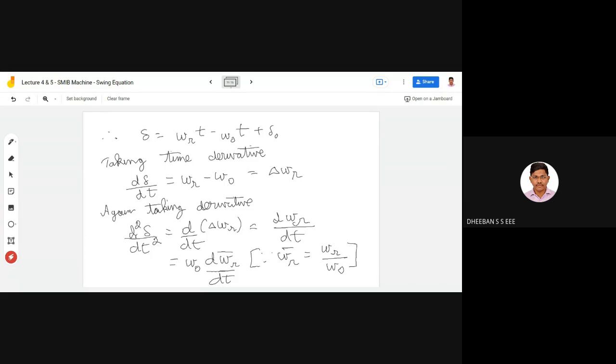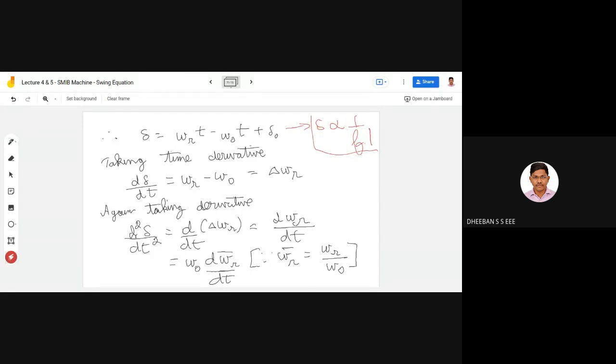You know that this time period t is the reciprocal of your frequency, so it will be 1 by f. And hence your del will be inversely proportional to your frequency through this equation.